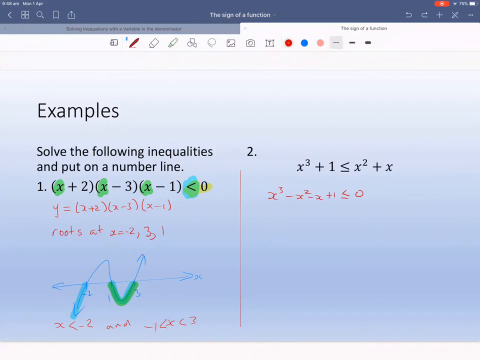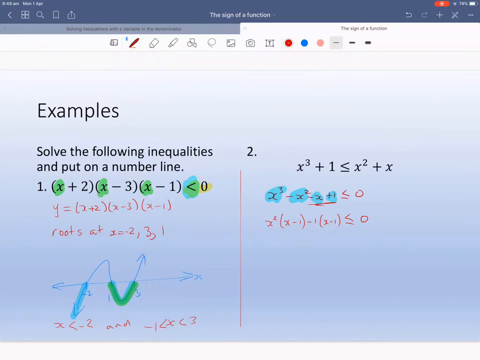For the first two, I've got a factor of x squared, so I'm taking a factor of x squared out of both these terms, and I'm left with x minus 1. That's really good. Now I have to partially factorize here. I can't really, but I'm going to take a factor of -1 out. Minus 1 times (x minus 1) will give us back this thing over there, less than or equal to 0.